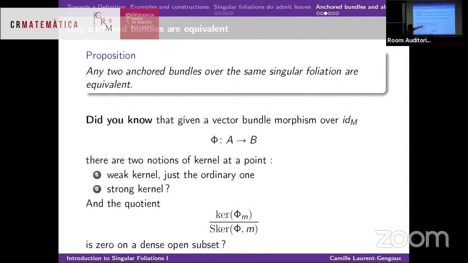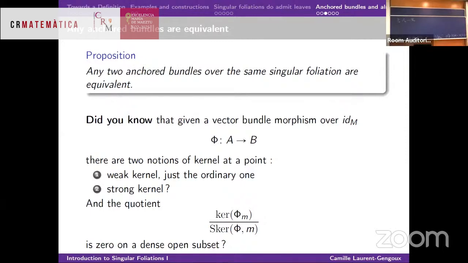You have the ordinary kernel, sometimes called the weak kernel, which is the usual one. Phi restricts to a vector bundle morphism phi_m from A_m to B_m, and you take the usual kernel of this map.